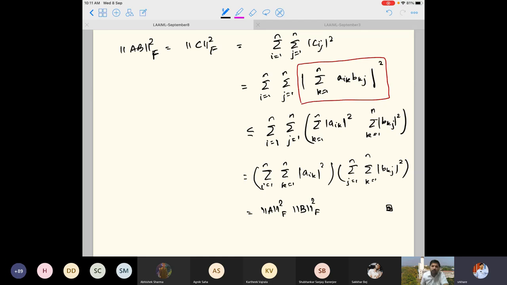So which proves the submultiplicativity property, proving that this norm is actually a matrix norm. So this implies that this Frobenius norm is a matrix norm.